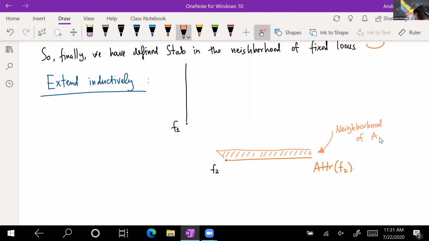So that's the attracting manifold. And then there will be the attracting manifold of F1, taken from what I've constructed before, and its neighborhood.